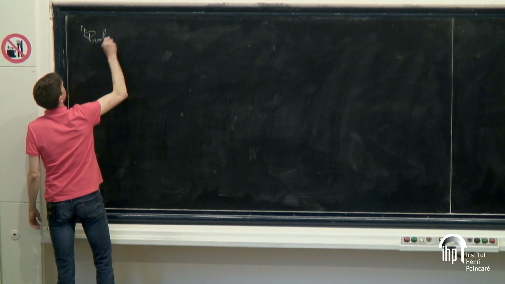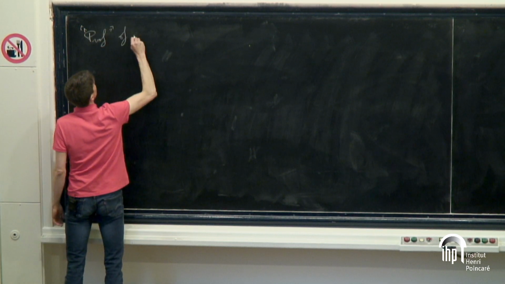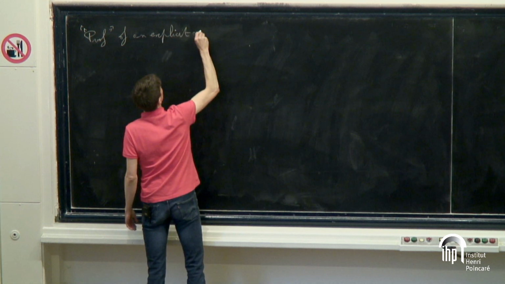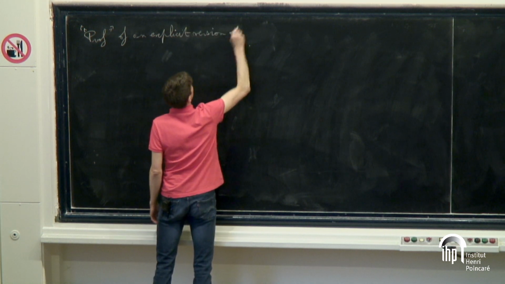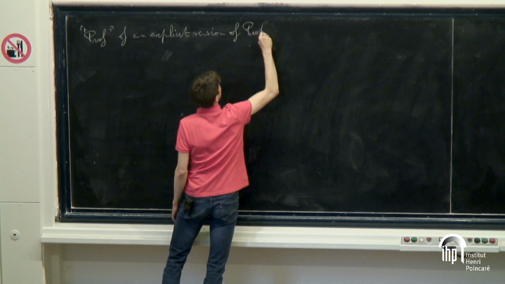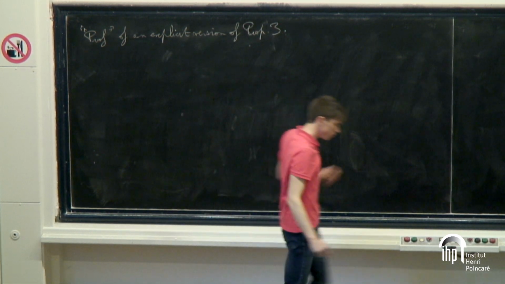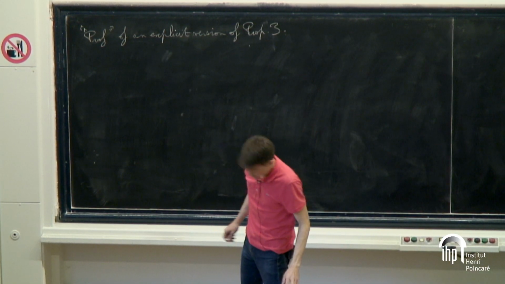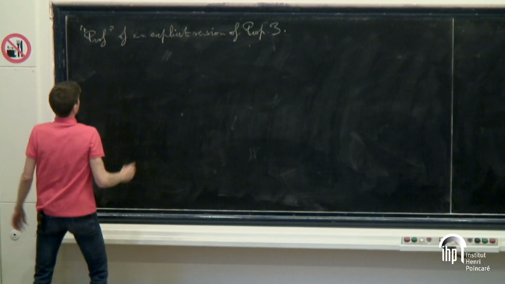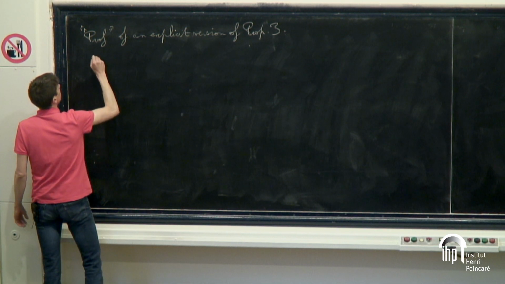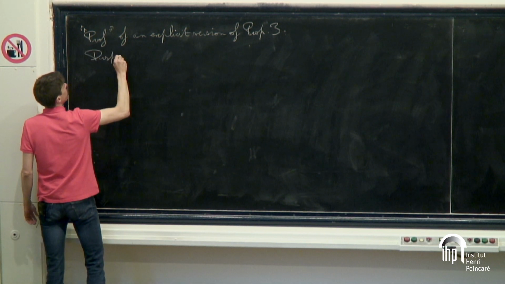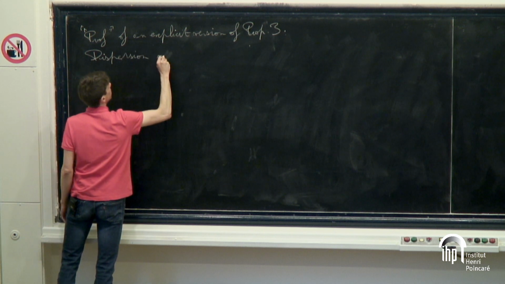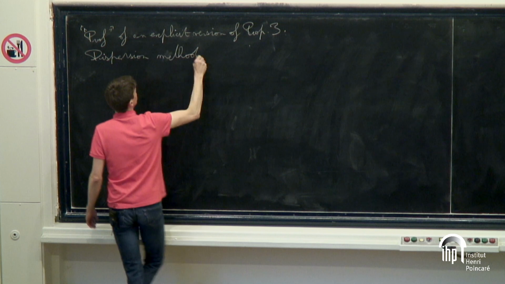So we're going to sketch a proof of an explicit version of proposition 3. Okay, and I should say that analytic number theorists will recognize what we do as the dispersion method.